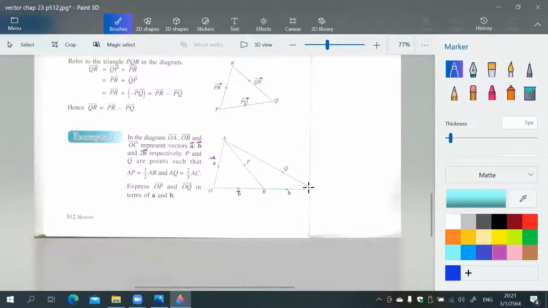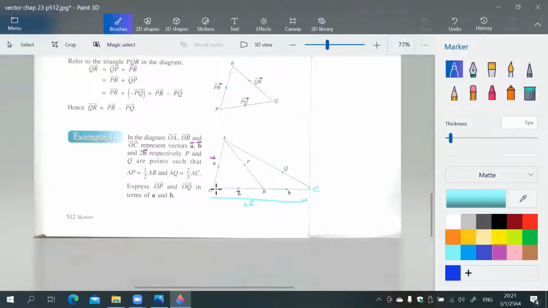So OC equals 2B, which means B is the midpoint of OC.